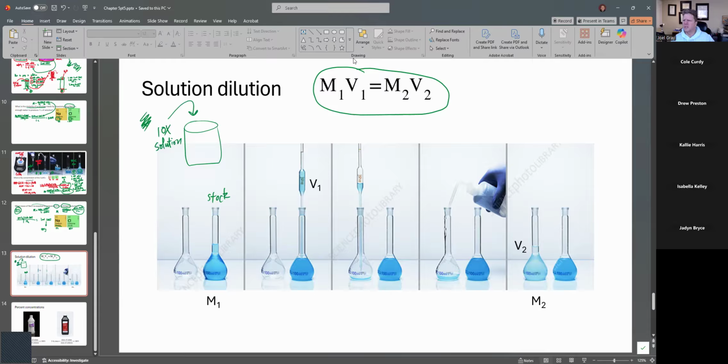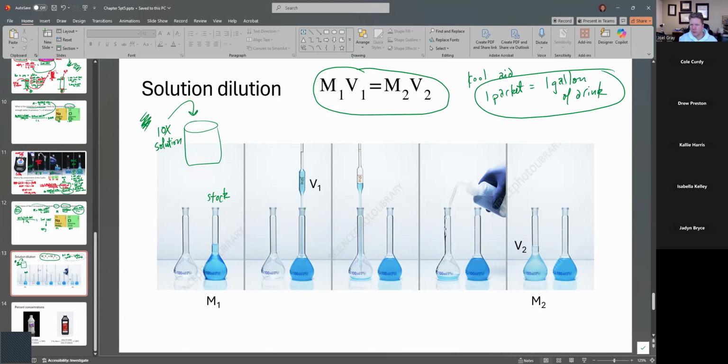And you might be thinking, well, what do you mean 10x? I mean 10 times as strong as regular Kool-Aid. So if your basic Kool-Aid is one packet of Kool-Aid makes 1 gallon of drink.